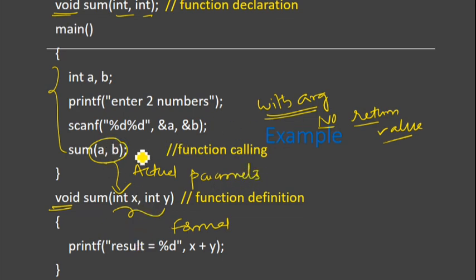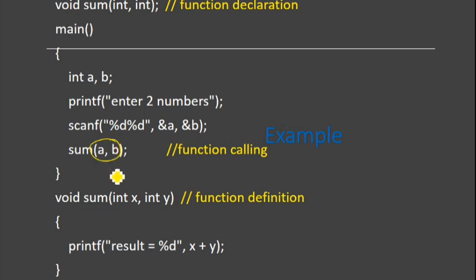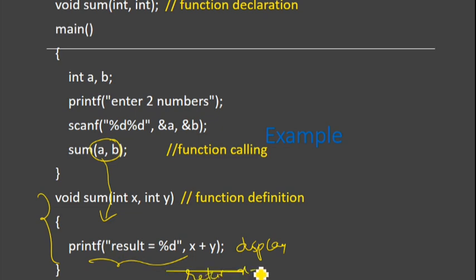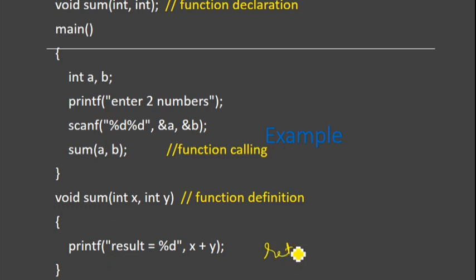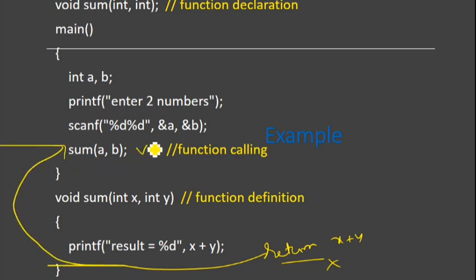Function with arguments means I am passing the value of A, 10, and B, 20, to the user defined function. So execution is done and display is done in the user defined function only because the function does not return any value. For example, if a user defined function returns some value, then display is not done in the user defined function. After the return, the value goes to the main function, so the main function is going to display.